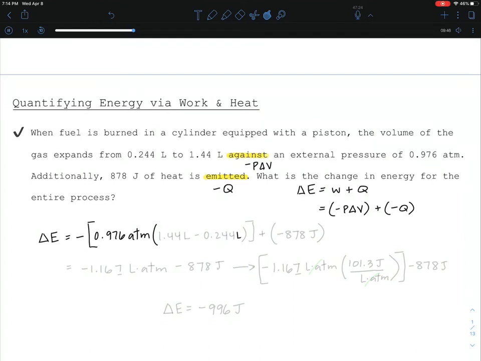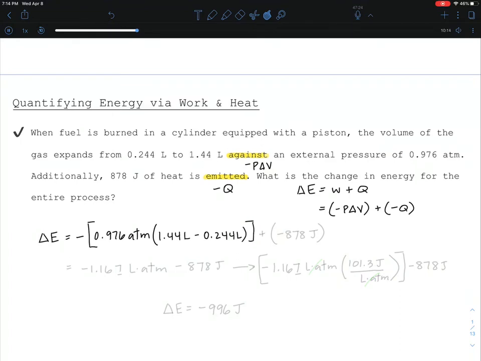I just want to find the difference between those two values. So 1.44 liters is my final volume, right? It says the volume of the gas expands from 0.244 liters to 1.44 liters. So this is my final volume minus my initial volume, and I get my change in volume.